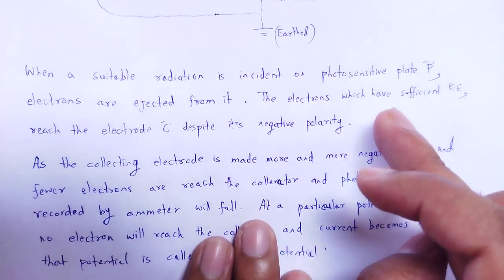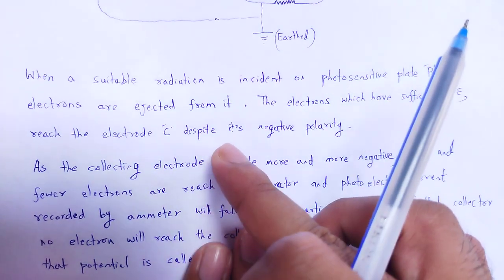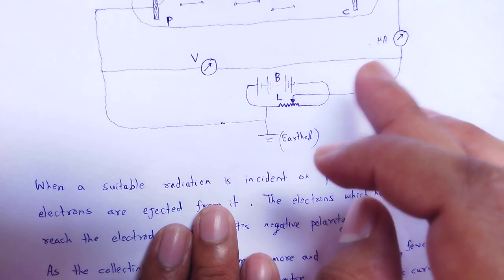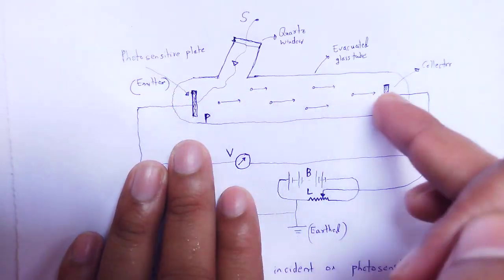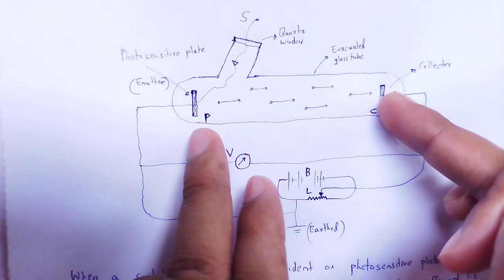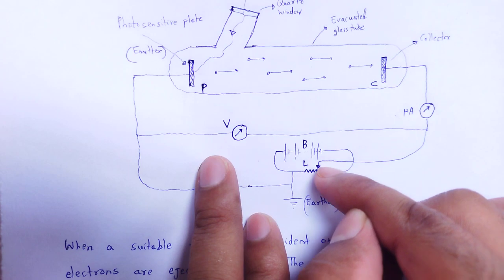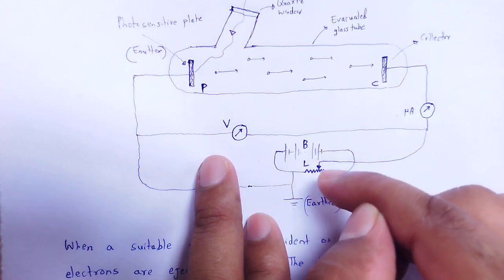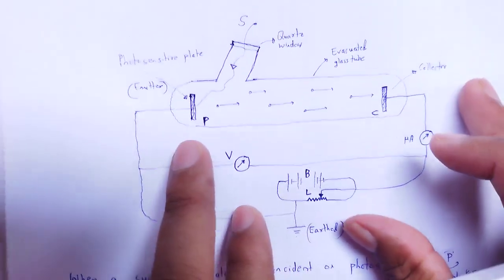The electrons which have sufficient kinetic energy reach the electrode C despite its negative polarity. Due to the battery arrangement, first the potential difference is 0, and we adjust that potential difference using the rheostat, the varying resistance, and it is measured by the voltmeter.